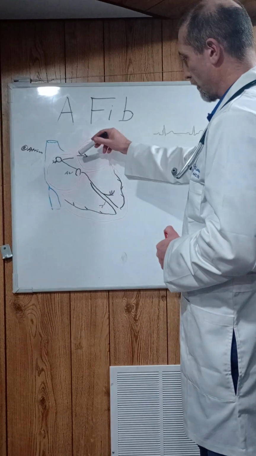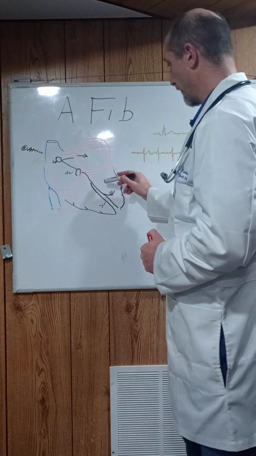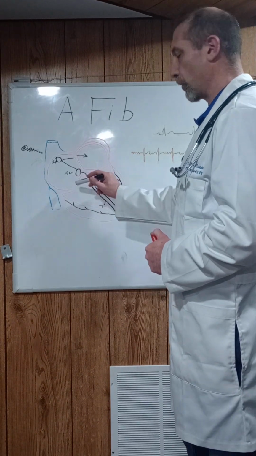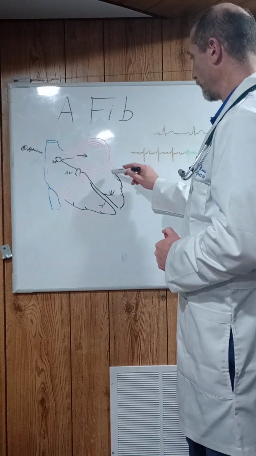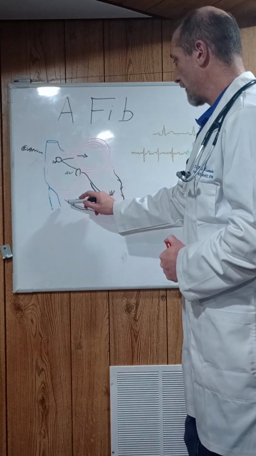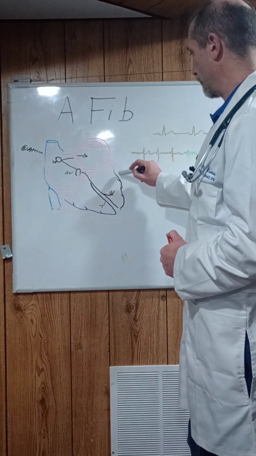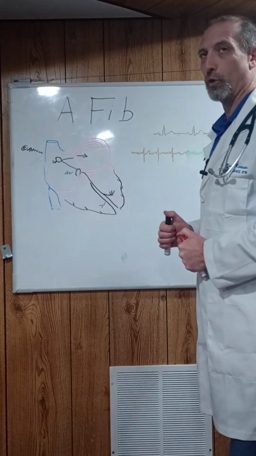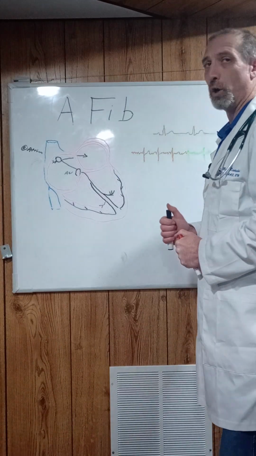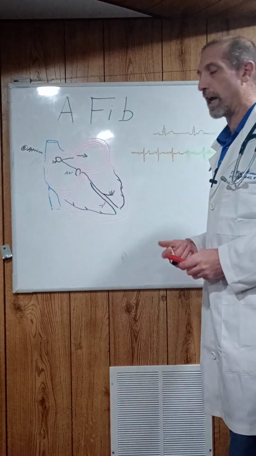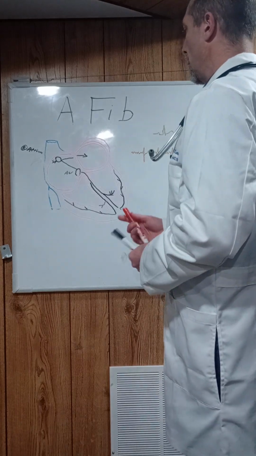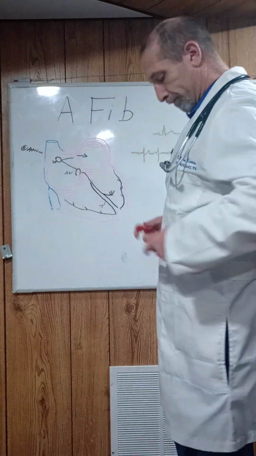Then from the AV node, the electrical current should come down here and go up to either the right or the left bundle branches. And finally, this little fibrous tissue that's out here is also known as your Purkinje fibers, depending on who's saying it. So this is the normal flow.